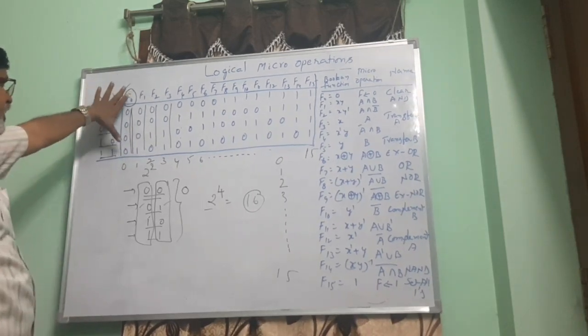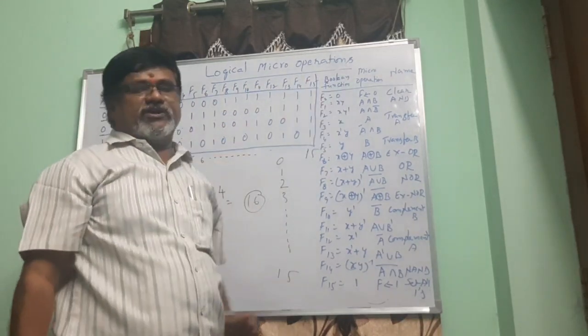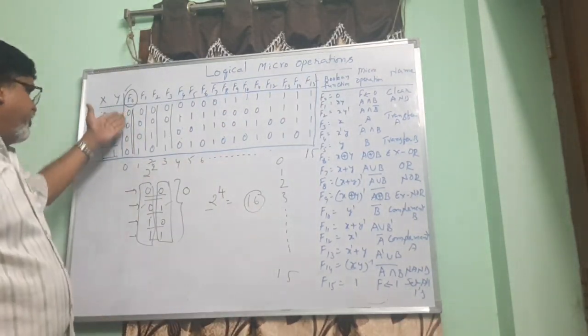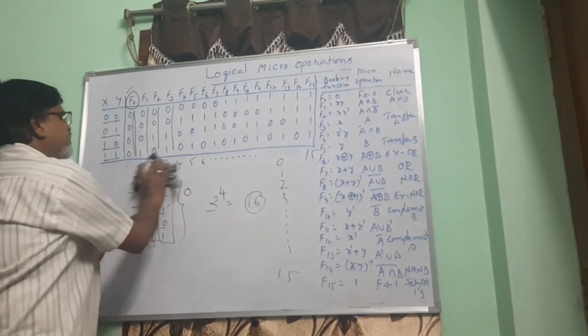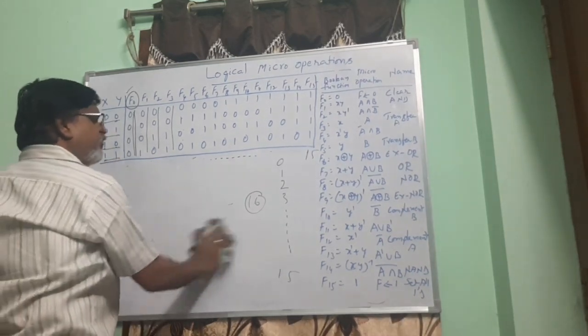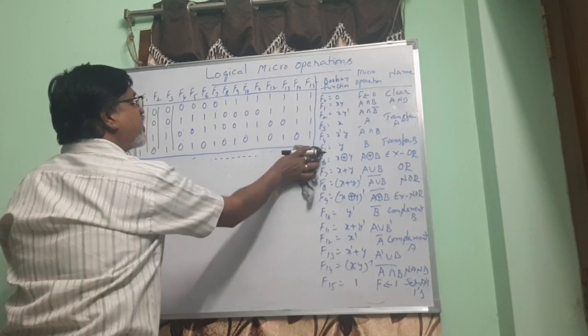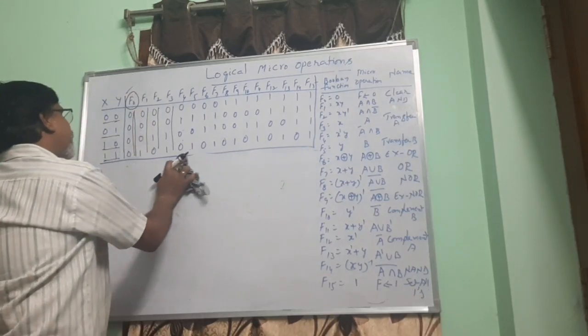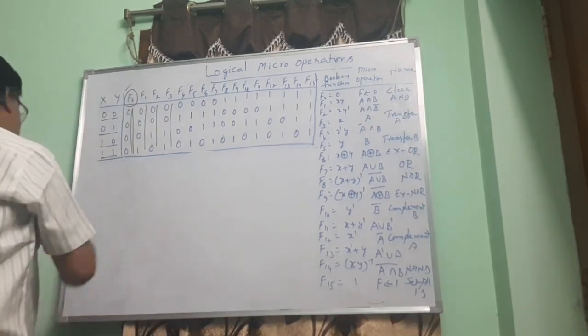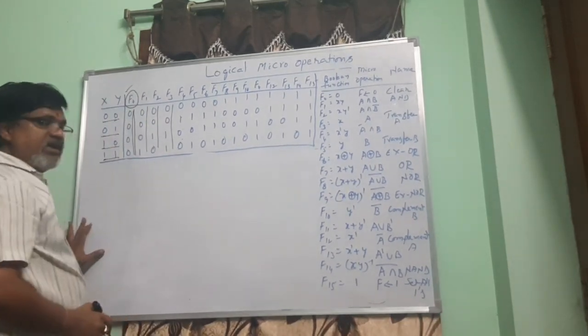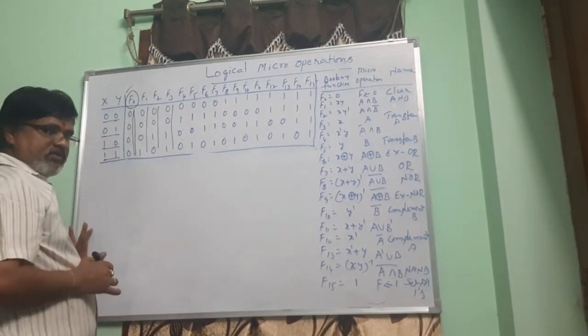But what is the meaning of each Boolean function? We have given the binary values for all these Boolean functions, but we need to check what each binary output of a Boolean function represents.